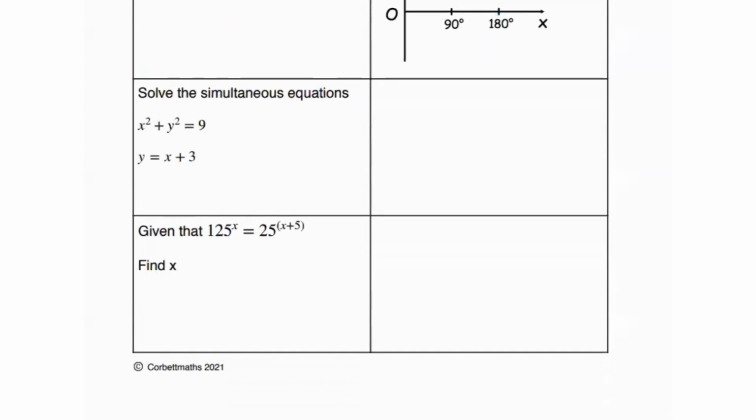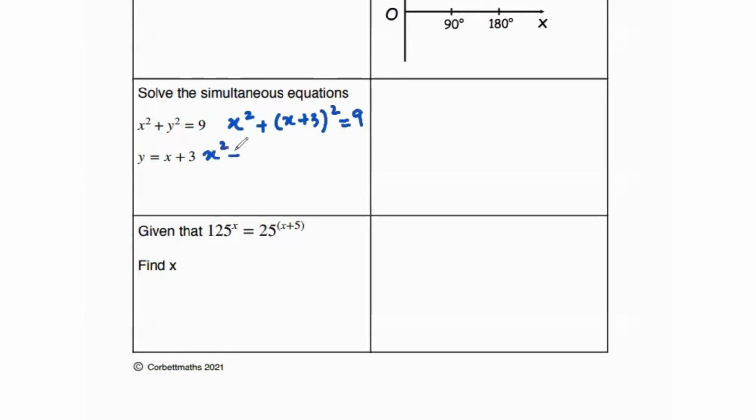Solve the simultaneous equations. x squared plus y squared equals 9, y equals x plus 3. So I'm going to substitute y equals x plus 3 into x squared plus y squared equals 9. So that's going to be x squared plus (x plus 3) whole squared equals 9.